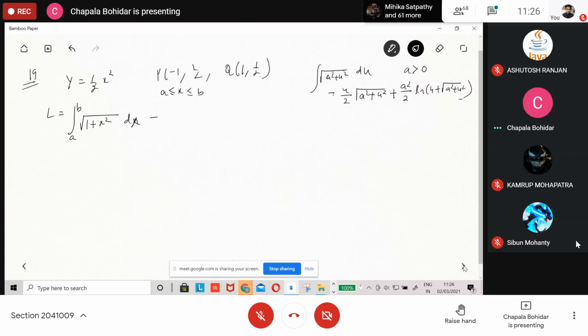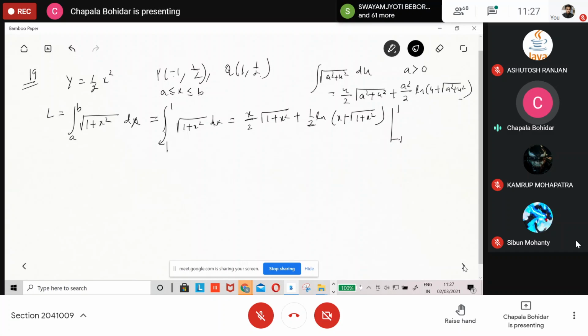So I can write this as the integration from -1 to 1 of root over of 1 plus x square dx, which is equal to x by 2 root over of 1 plus x square, plus 1 by 2 ln of x plus root over of 1 plus x square, evaluated from -1 to 1.